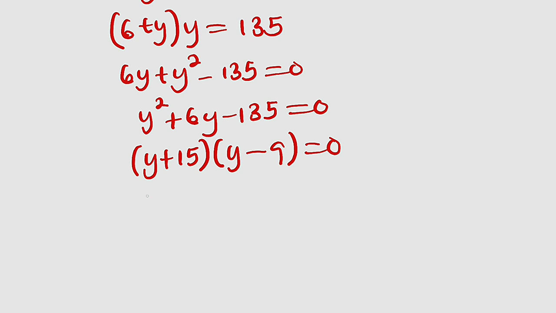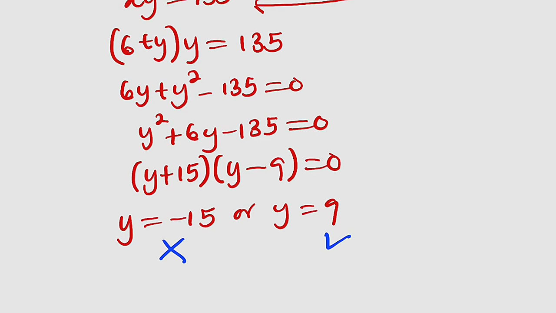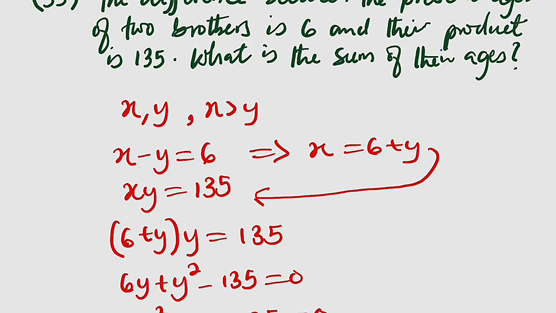By setting each factor to be equal to 0, it implies y is either negative 15 or y equal to 9 if you take this constant to the other side. But remember, we are dealing with ages, so we don't expect an age to be negative, and we're going to consider this one. So if y is equal to 9, remember x is equal to 6 plus y.